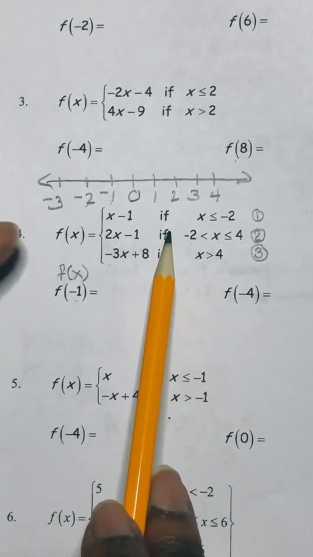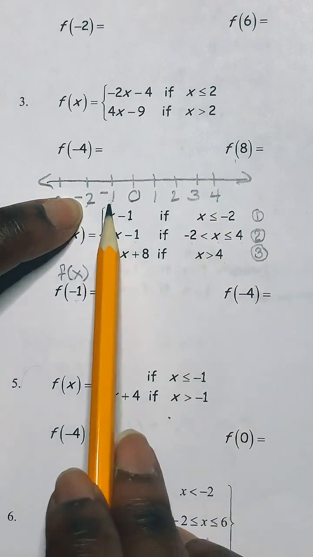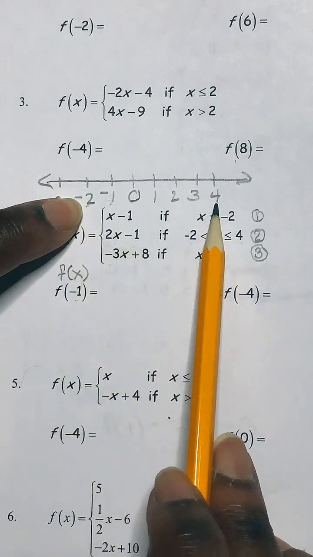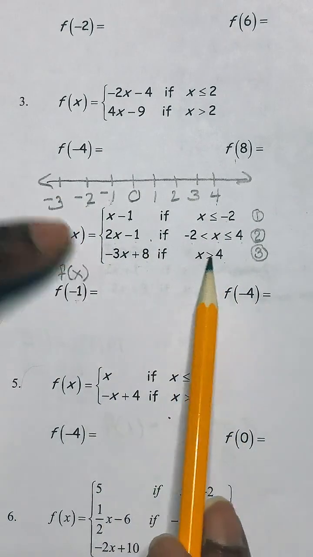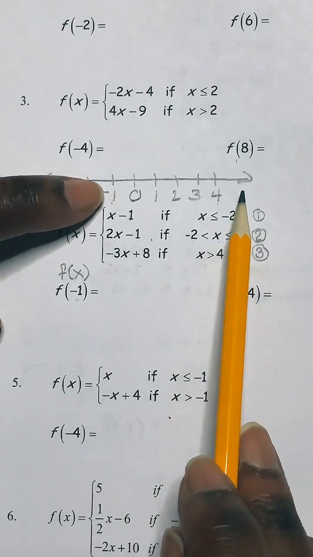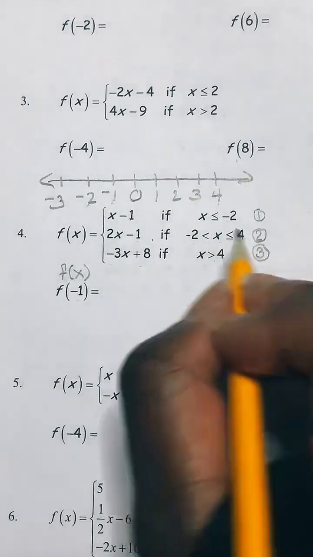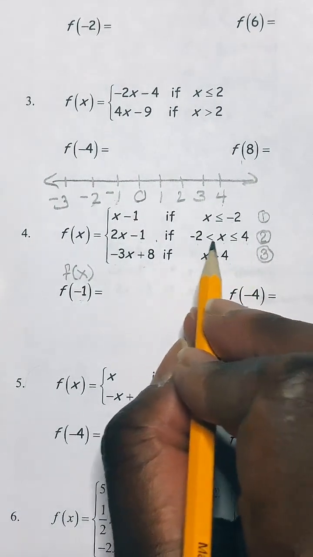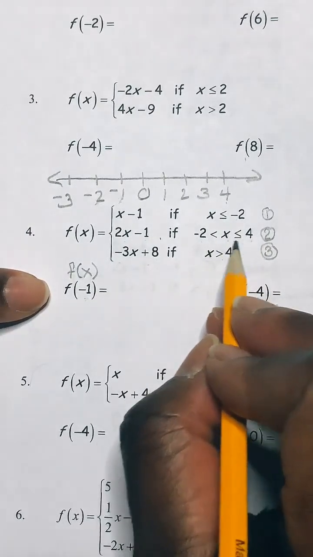Negative 1 is in between negative 2 and positive 4, so that can work. And this one is saying x is greater than 4. Well, negative 1 is definitely less than 4. So we are looking at number 2. Negative 1 satisfies this criteria.